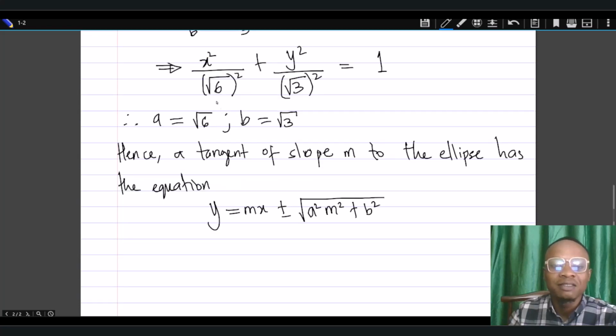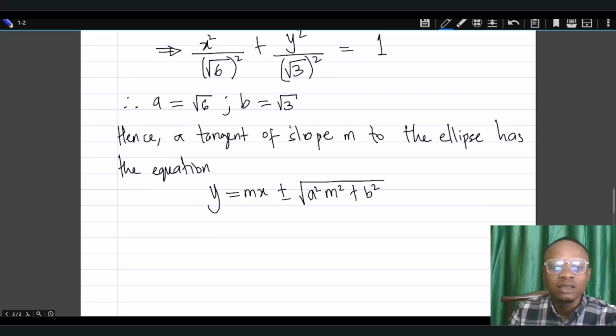We now have a to be root 6 and b to be root 3. So a squared is 6 and b squared is 3.